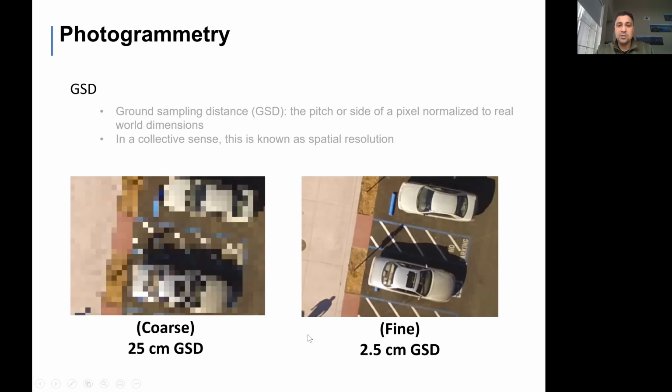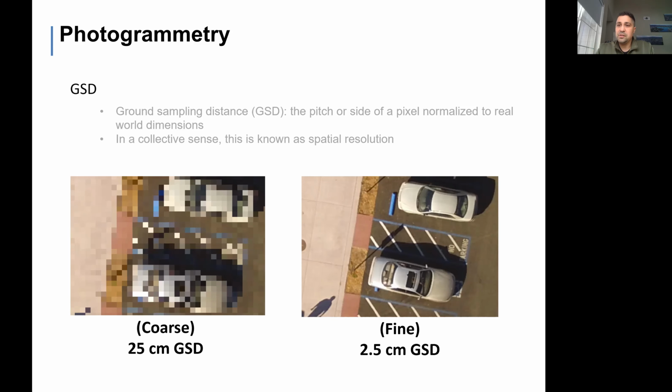So we classify GSD in two kinds of categories: coarse versus fine, and really there's a lot in between. I'm just trying to give you guys examples to demonstrate in this case. This is the same scene between the left side and the right side.